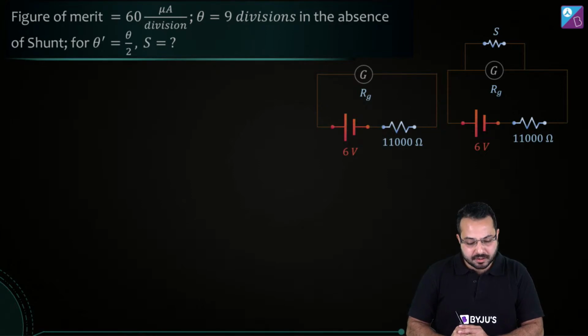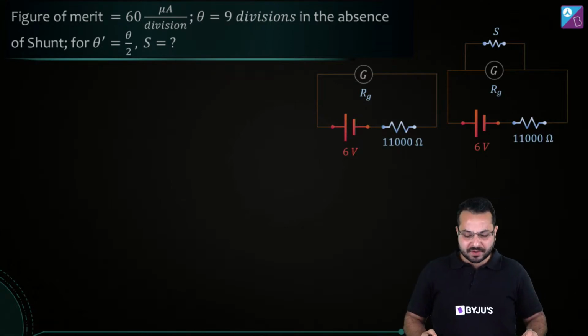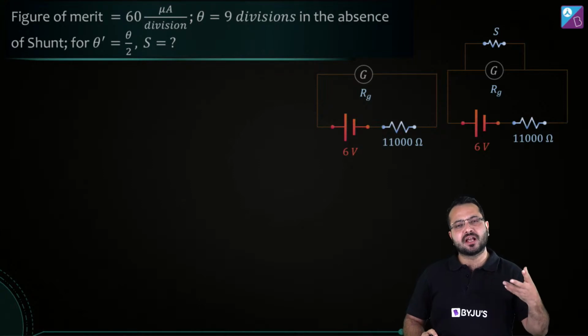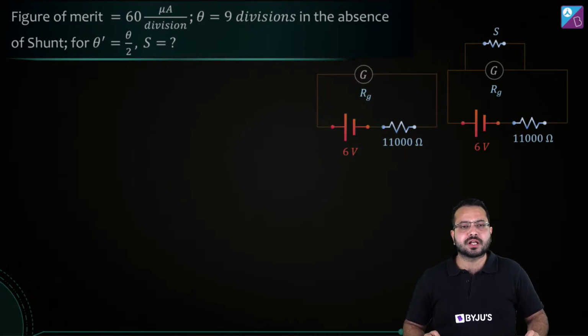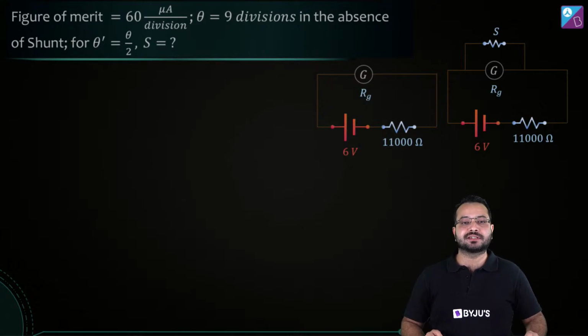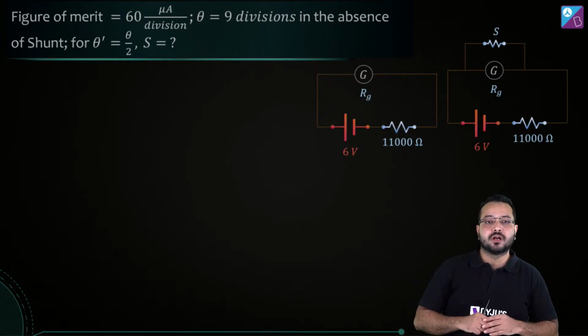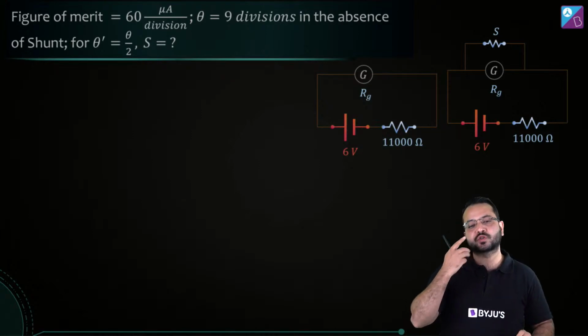Don't be worried about the names that have been given, such as half deflection method. It's all circuit. Tanmay is saying unit deflection into theta. You're absolutely right. That is going to give us the current. What does a shunt mean? A shunt is simply a resistance which serves a purpose.